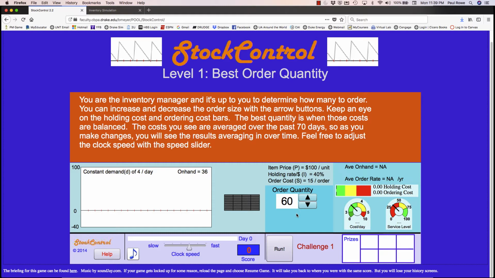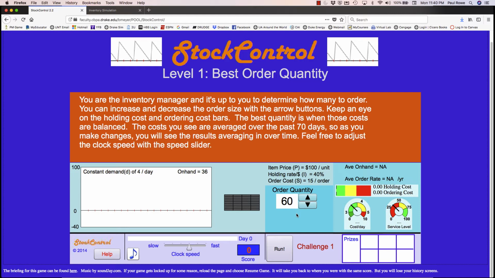Then in level 2, you'll be given the EOQ, and you have to decide when to place the order. So level 1, how much to order. Level 2, when to order. Then level 3, you'll have additional information provided to you. And again, at the end of each level, you'll have additional questions to answer.